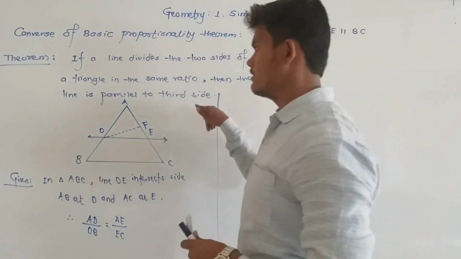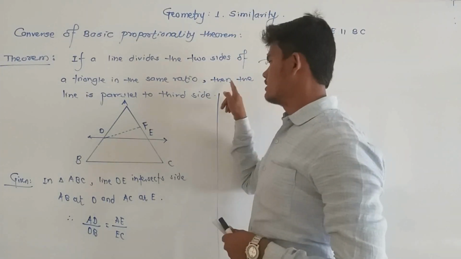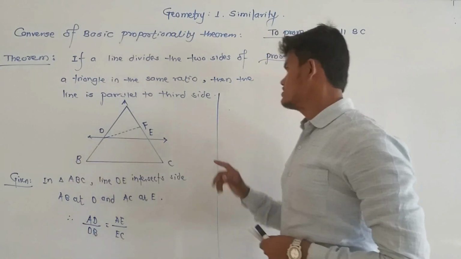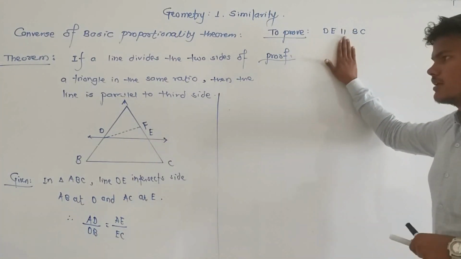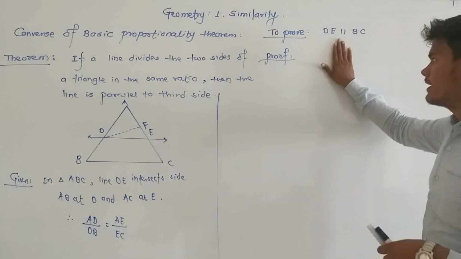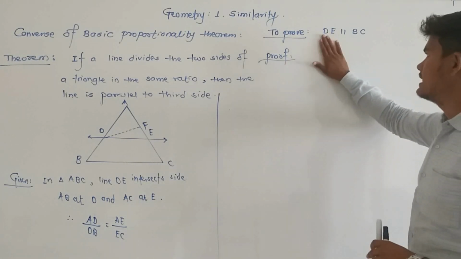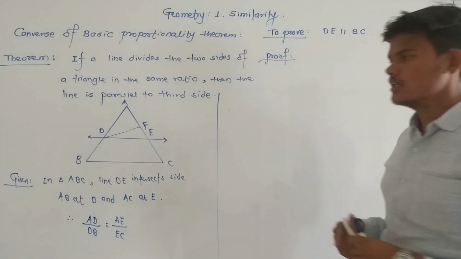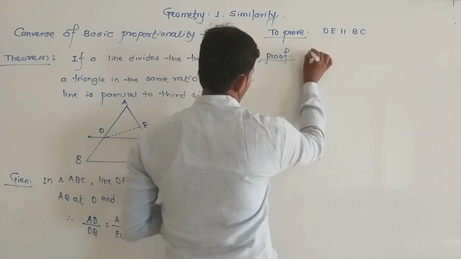So in the given theorem, what do we have to prove? Line DE is parallel to BC. We have to prove that. But by indirect proof, we have to assume that the part to be proved is false. That means DE is not parallel to BC. Well done.